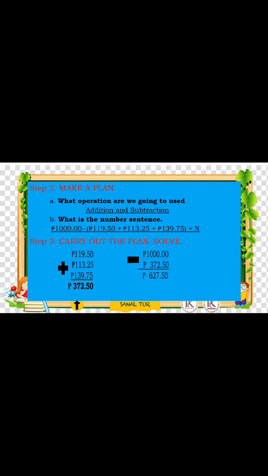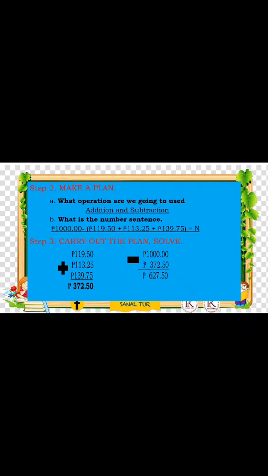So in here, you are going to apply the rule that you have learned on how to add decimals. Align the decimal point. So it was already aligned. Then after that, you add. So how much was the total amount that she bought? Mother bought, we have 372 pesos and 50 centavos.